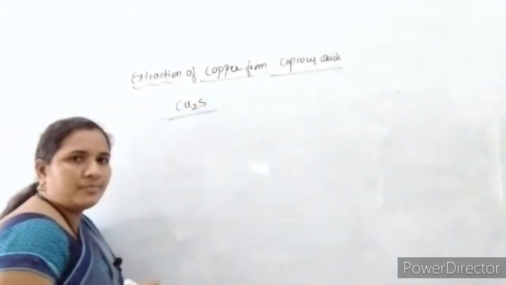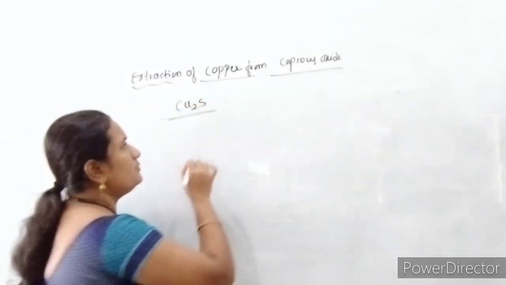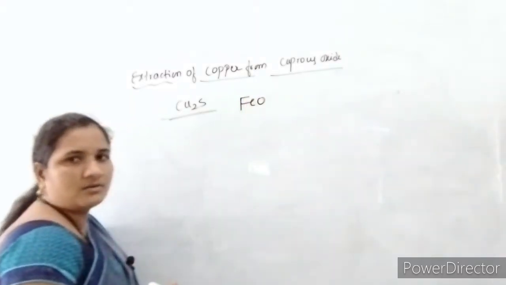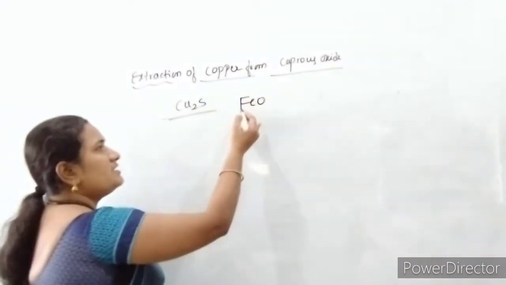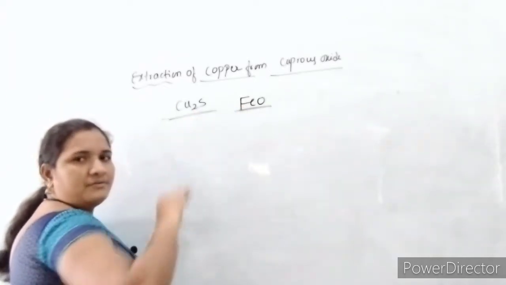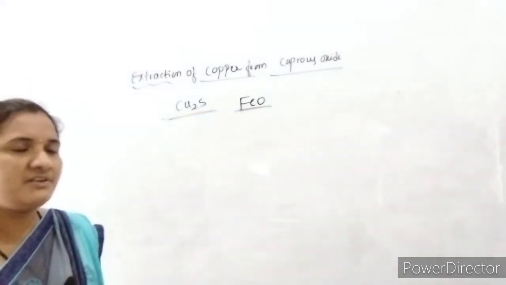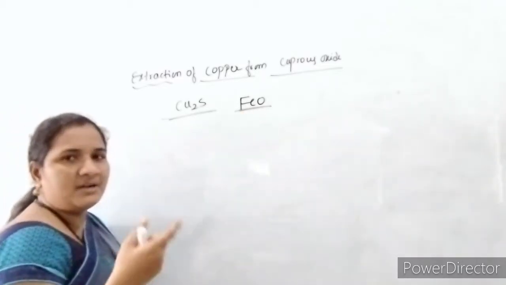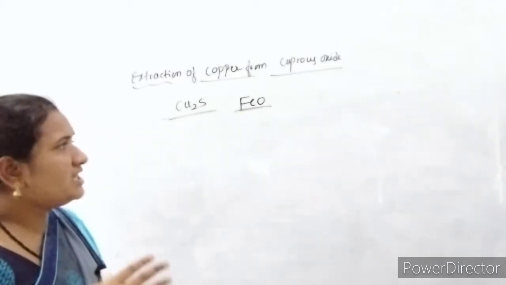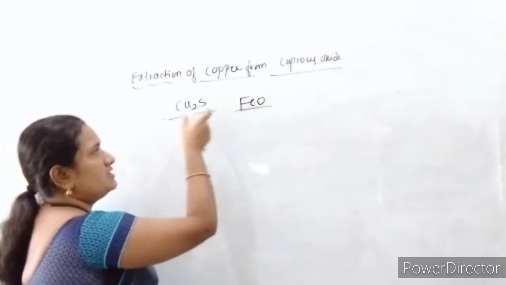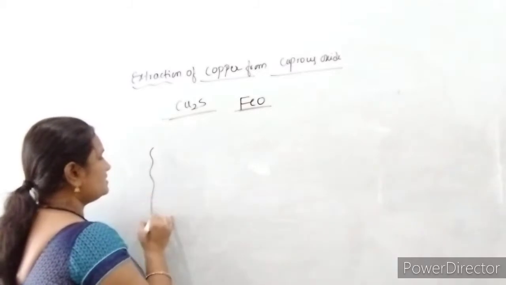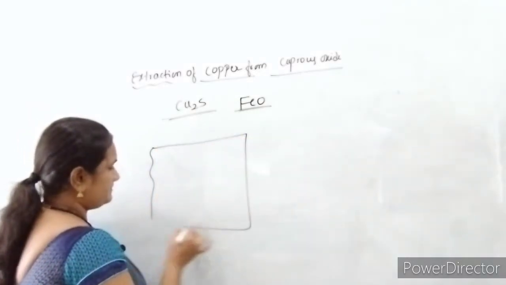In the copper glance, Cu2S, the main impurity is ferrous oxide, as we discussed in the last video. In brief, this ferrous oxide has a high melting point, so it is very difficult to remove this impurity from the ore.